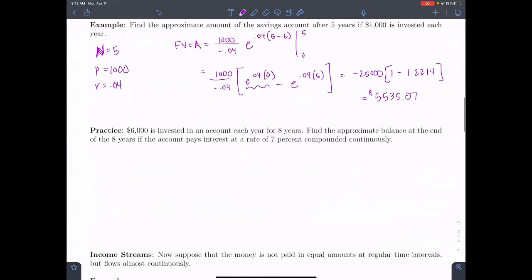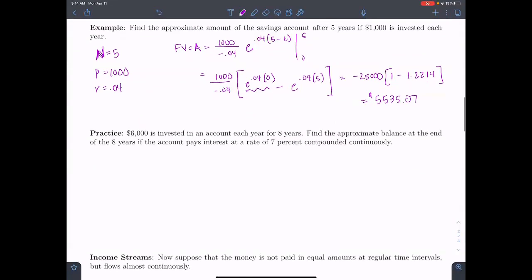Let's do another one. We're going to invest $6,000 each year in an account for 8 years. What is the approximate balance at the end of the 8 years if the account pays interest at 7% compounded continuously? So r is 0.07, n is 8, and P is 6,000. We do P over negative r, e to the r(n minus t) from 0 to n.